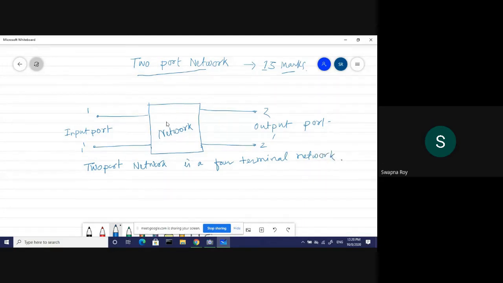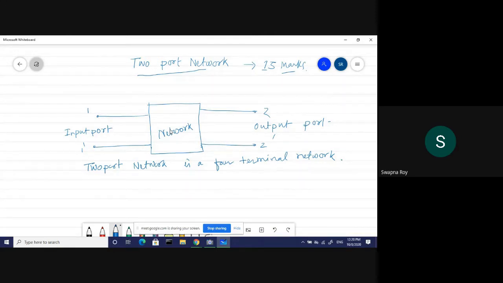We all know that inside this rectangular box there are interconnections of different circuit elements. Any network may diagrammatically be represented by a rectangular box. In order to connect it with another network, it must have 2 terminals.